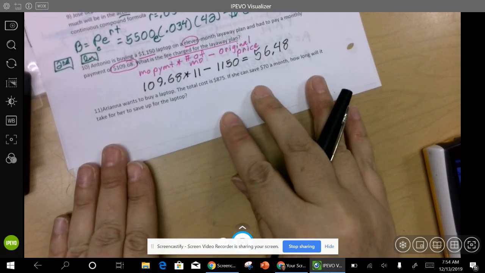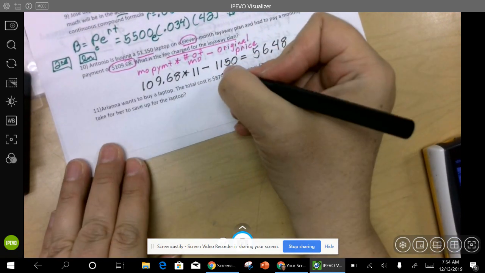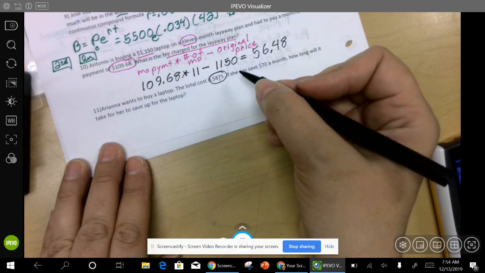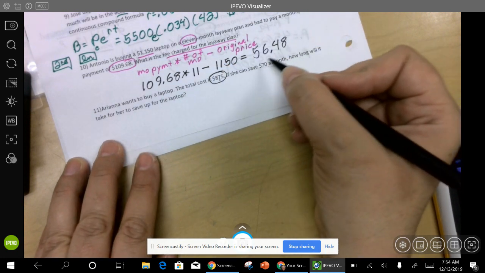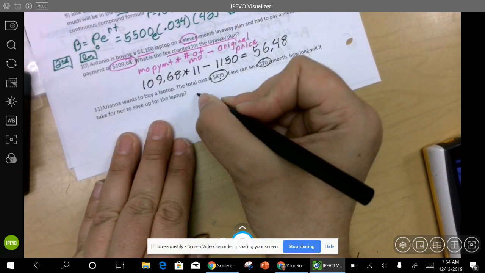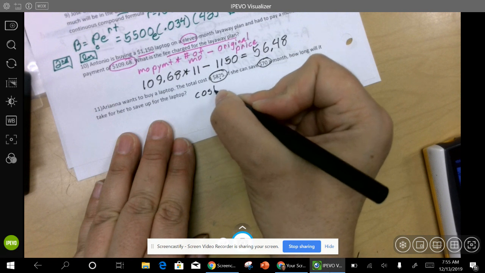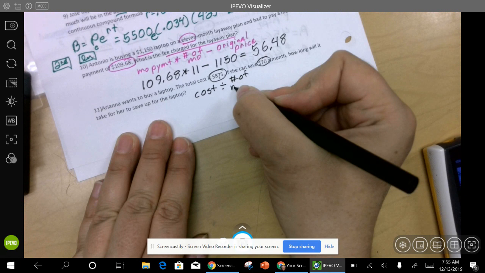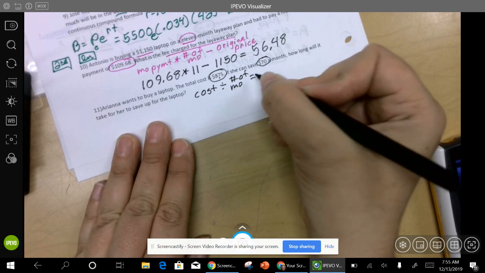Okay, Adriana wants to buy a laptop. The total cost is $875, and she can save $70 a month. How long will it take her to save? So it's going to be the cost divided by number of months. Okay, so we're going to go ahead and do that.